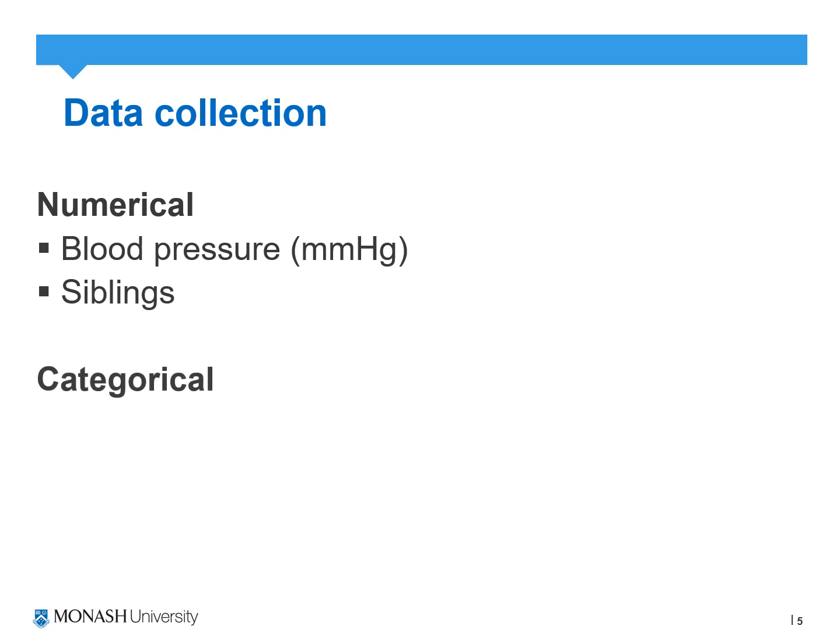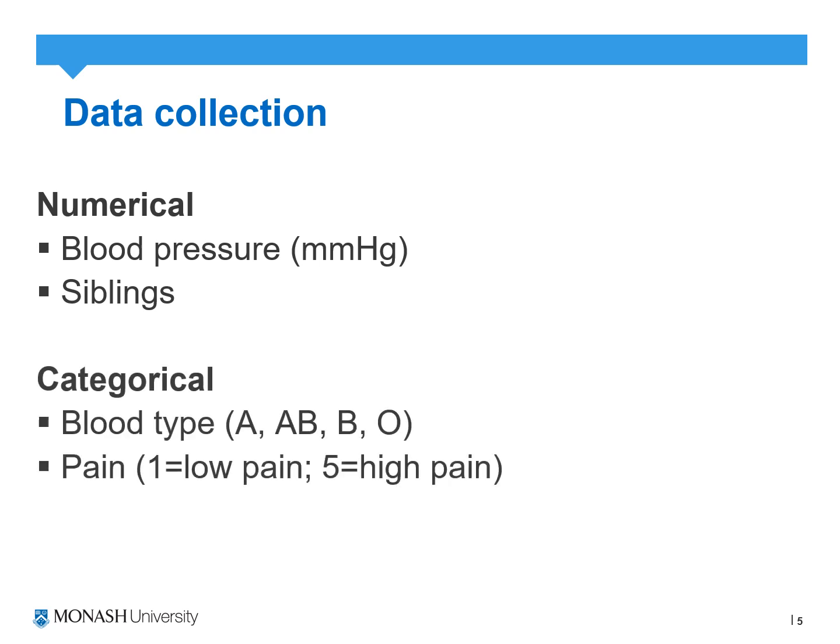Whereas categorical, we're looking at different types of data, whether it be blood type or whether it be pain.